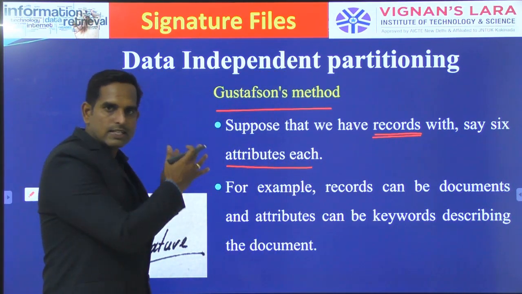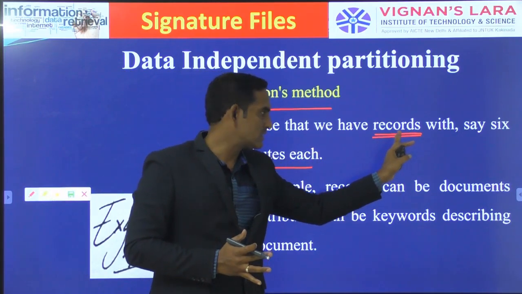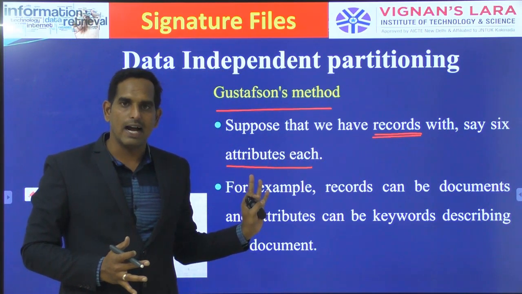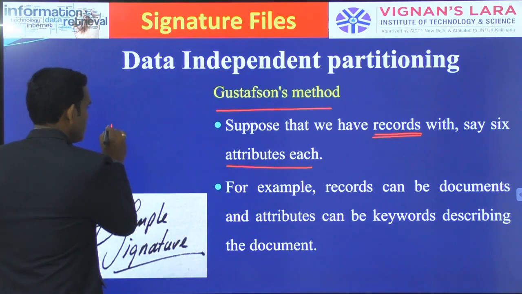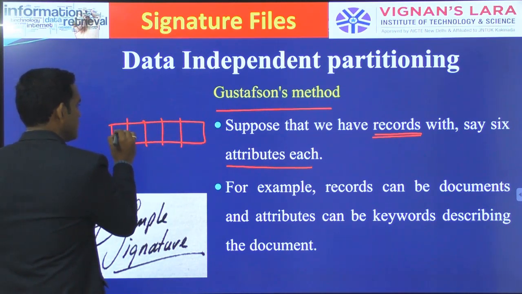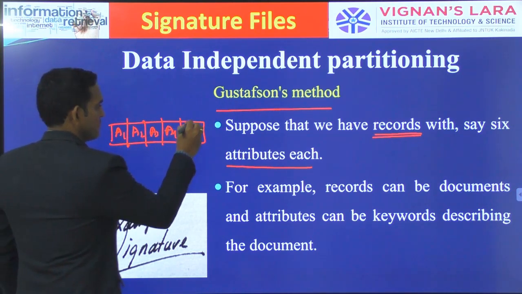If we consider your signature in this manner, you have records, and in each record you have 6 different attributes. It's just like a table. If this is a complete record, you will consider it as 6 different attributes.